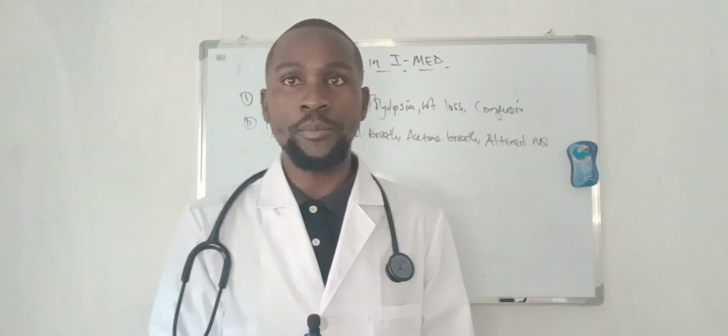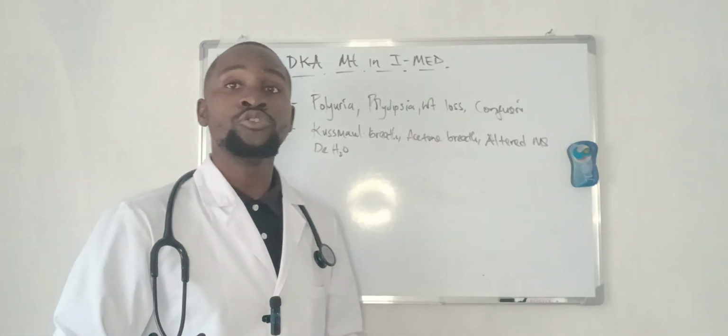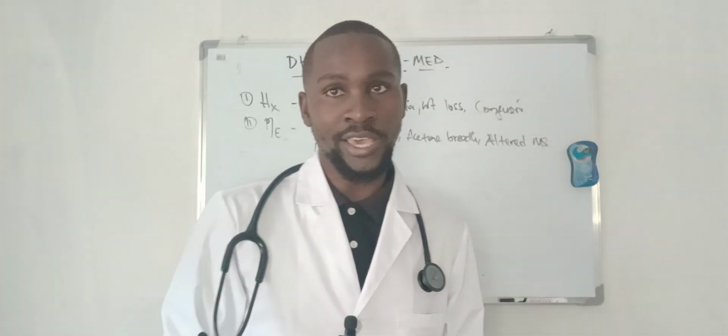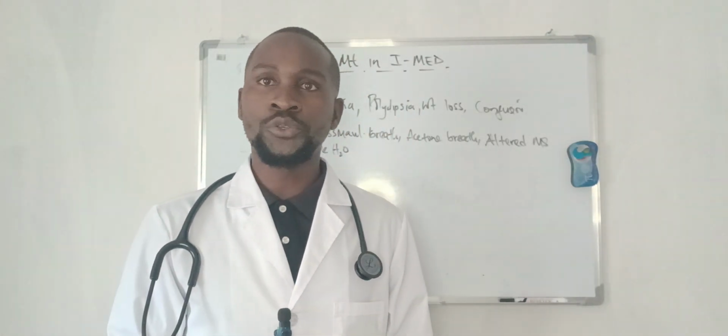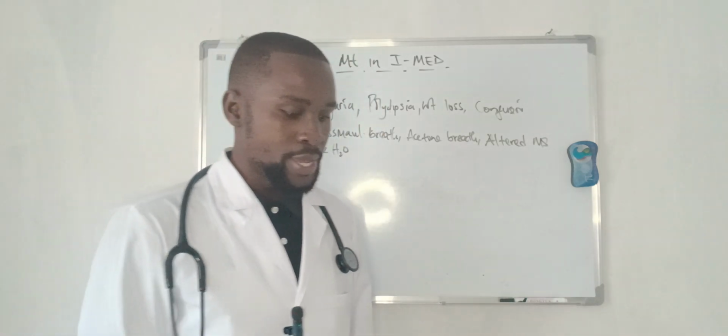So once you have a patient that presents like this, and you suspect that this patient may be having DKA, the next thing that you do is obviously do some of the investigations to try and diagnose.